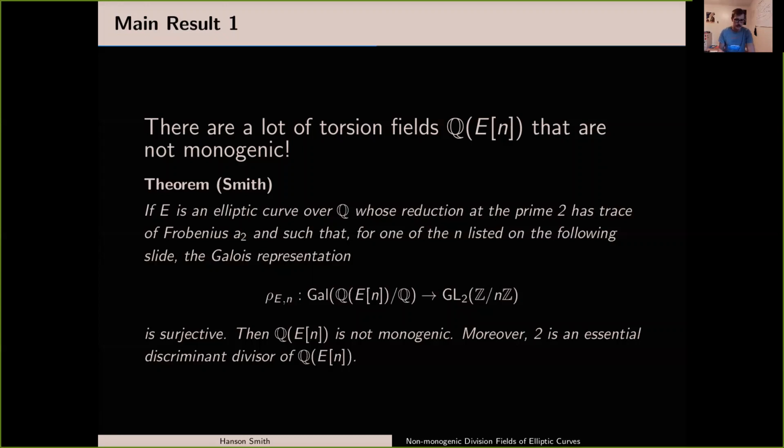And if this is the case, so we have the trace of Frobenius given in the next slide, the n given in the next slide, Galois representation's surjective, then my n-torsion field is not monogenic. And moreover, 2 is an essential discriminant divisor. So 2 is some fundamental obstruction to monogeneity. Any monogenic order I have, its index in the maximal order is going to be divisible by 2.